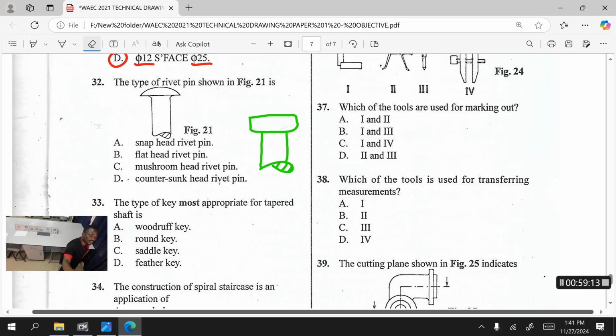It's not flat. Is it countersunk? Countersunk should look this way. Anytime you have a countersunk, it should look this way. It's not countersunk. It is between snap head and mushroom head. So it might be confusing because snap head and mushroom head almost look alike.